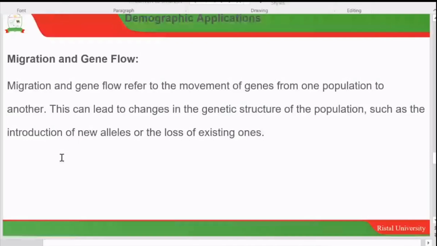But all those are a result of migration and gene flow. So it is important that as a demographer, you are able to understand these movements, because they can lead to changes in the genetic structures in the country, and affect both the health system and the economy of the country.